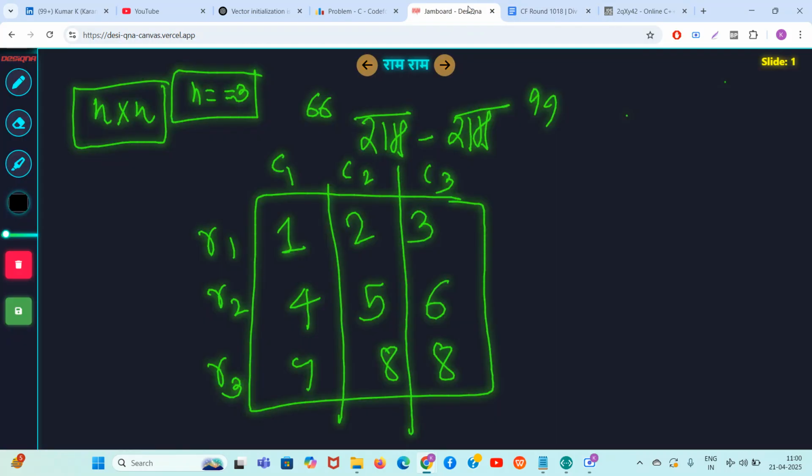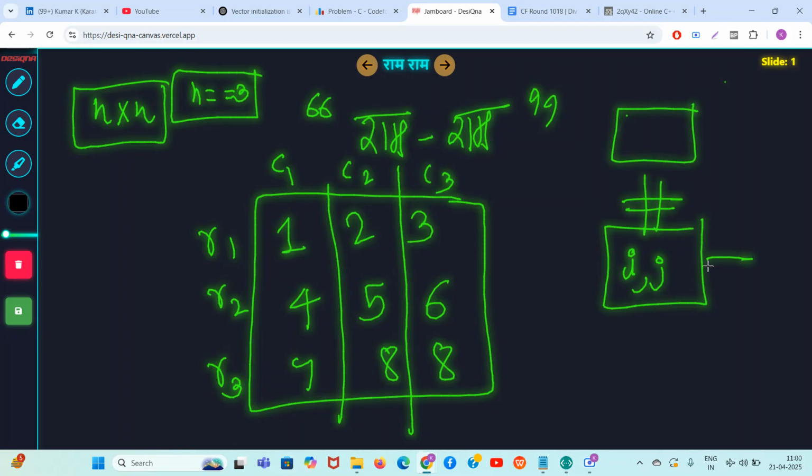Anyways, guys, so this n cross n matrix is given to us, right? They are saying no two adjacent cells should match. Any kind of adjacent cells should not match. Let me take a lovely example for you. If this is your cell i comma j in the matrix, then it should not be equal to any cell above it.